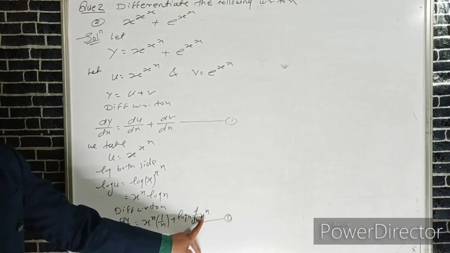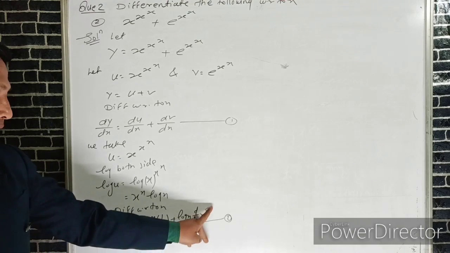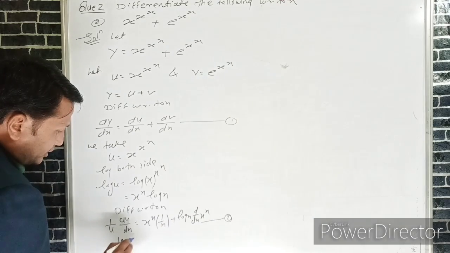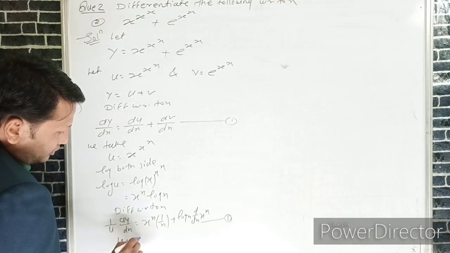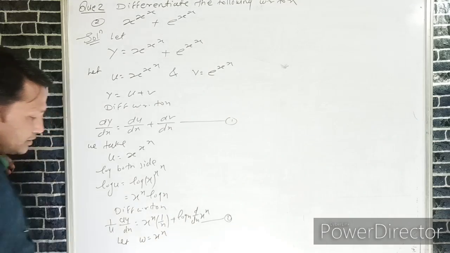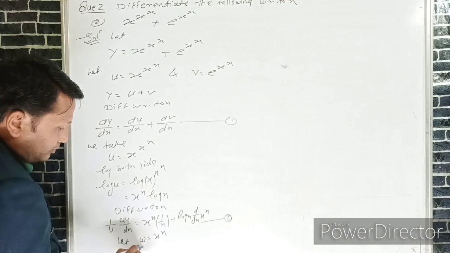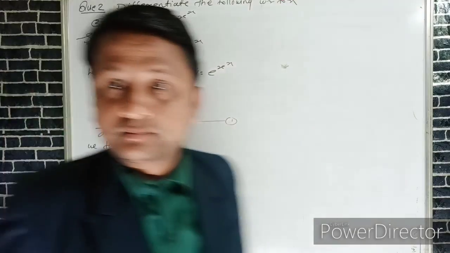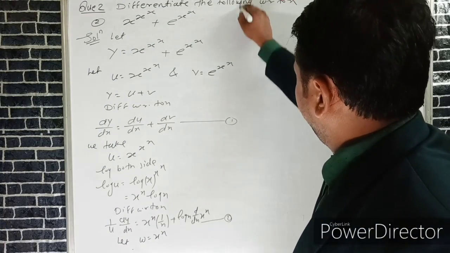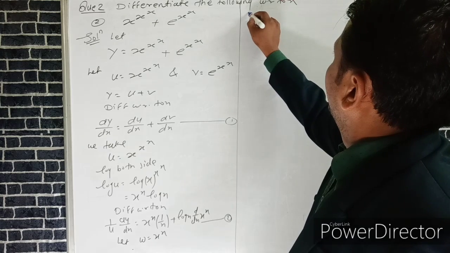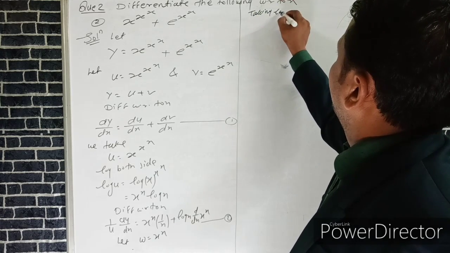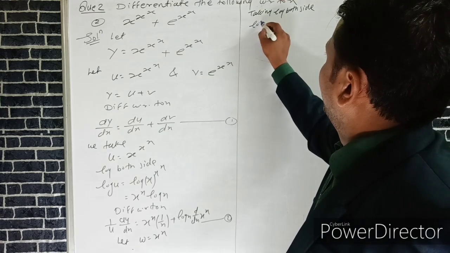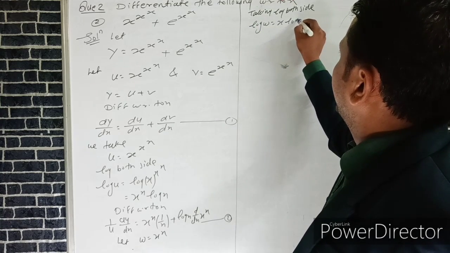Again we have to find the derivative of x raised to the power x. We can consider, let w is equal to x raised to the power x. If we take log on both sides, we can write log of w is equal to x log x.